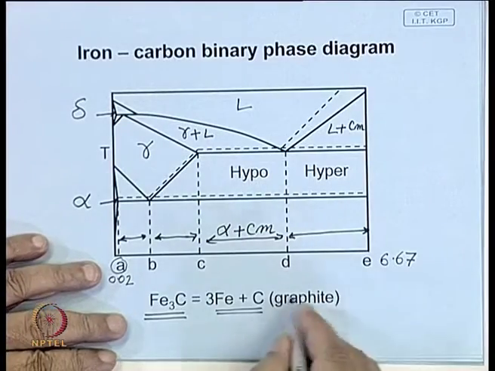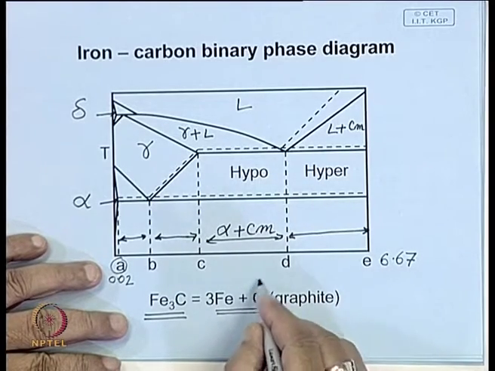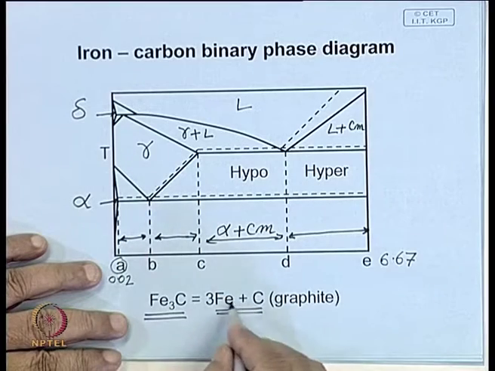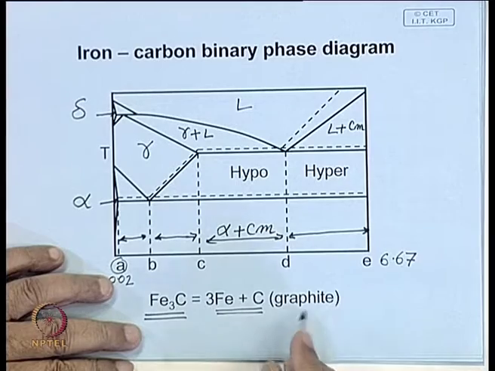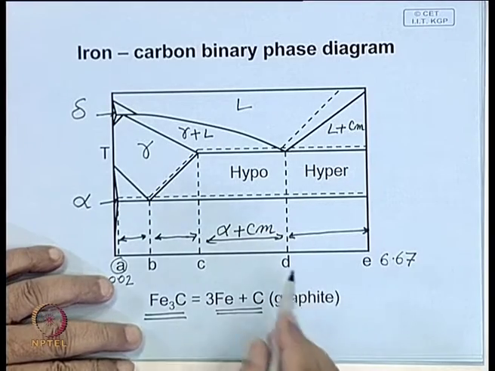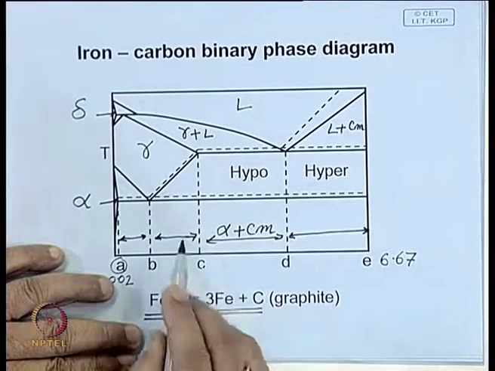That shows that with prolonged holding at high temperature, cementite can break down into graphite, and the tendency for this graphitization is high as you move towards higher carbon content.